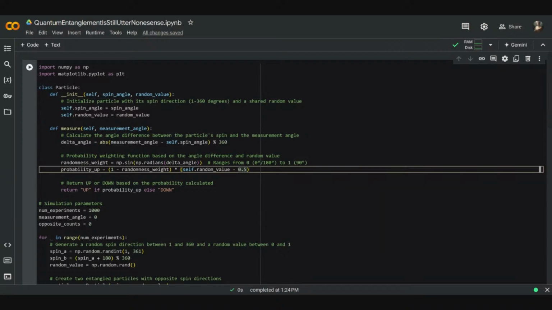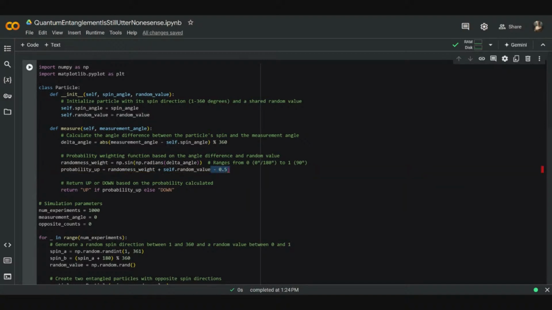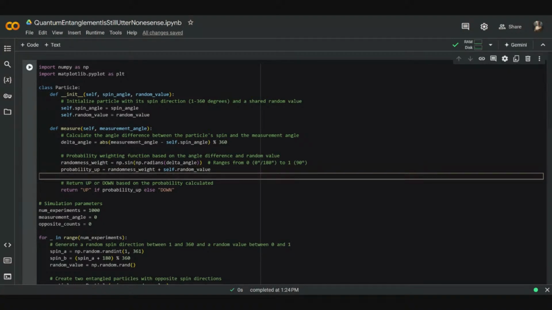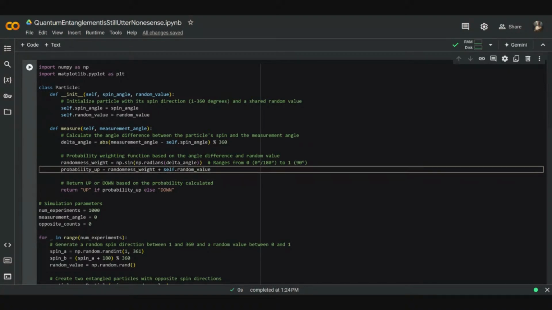The random value is between 0 and 1. And the randomness weight is between 0 and 1. So it's just one plus the other. The up is just the randomness is between 0 and 1, because that is what sine is. And the randomness is between 0 and 1.